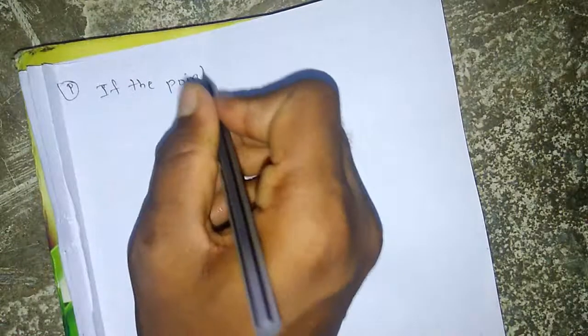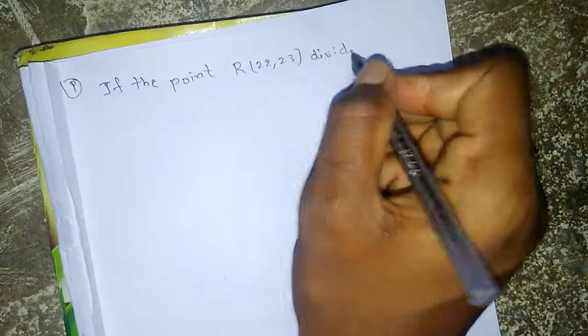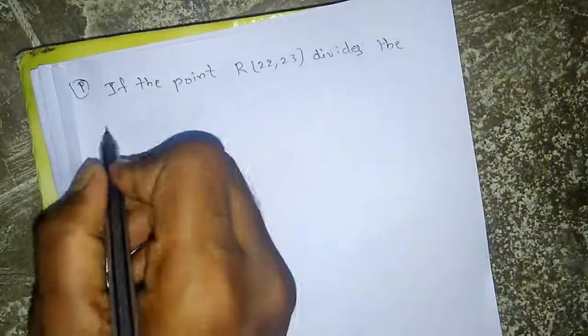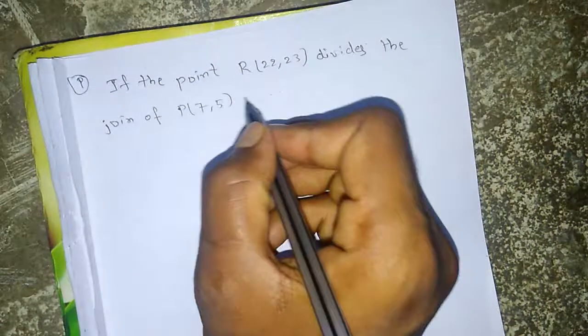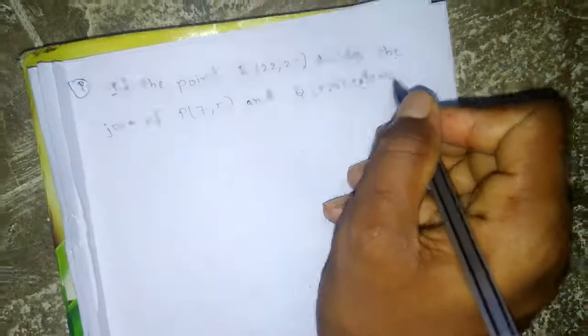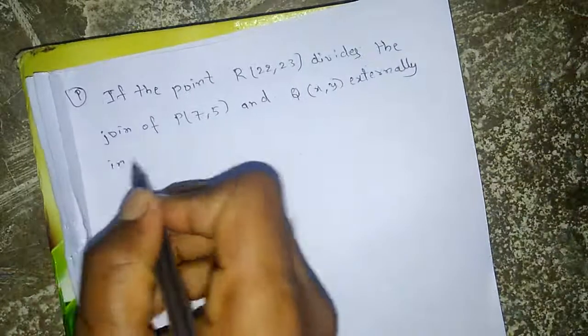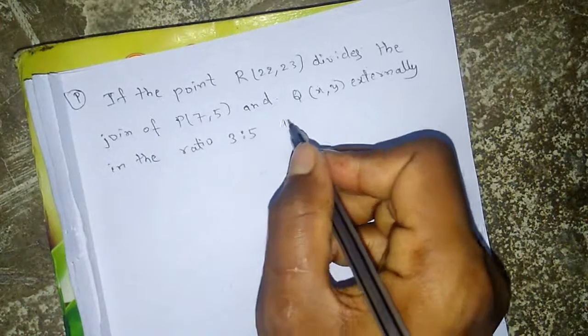Our next problem is, if the point (22, 23) divides the join of P(7, 5) and Q(x, y) externally in the ratio 3:5, then Q is?